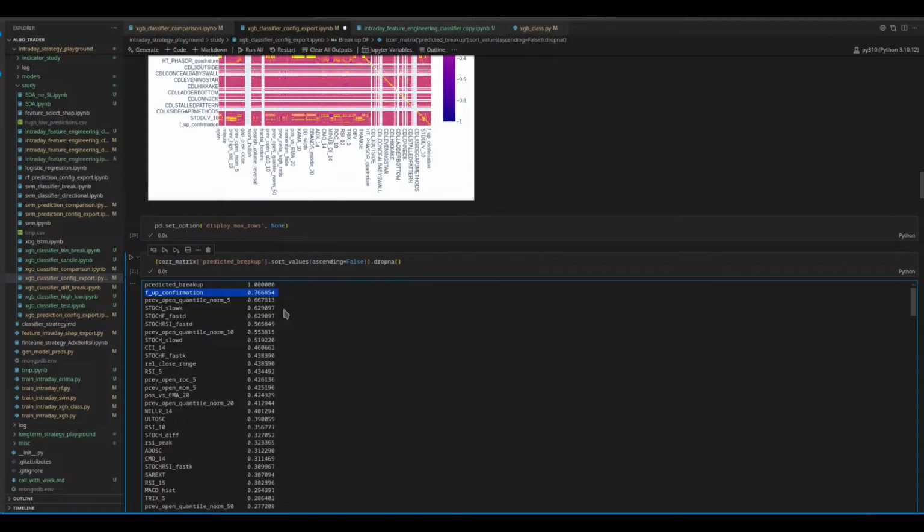Open quantile norm. Previous open quantile norm. Wow. Okay.